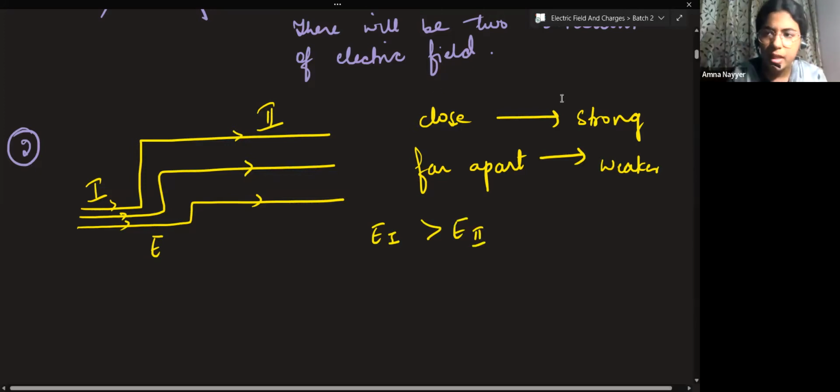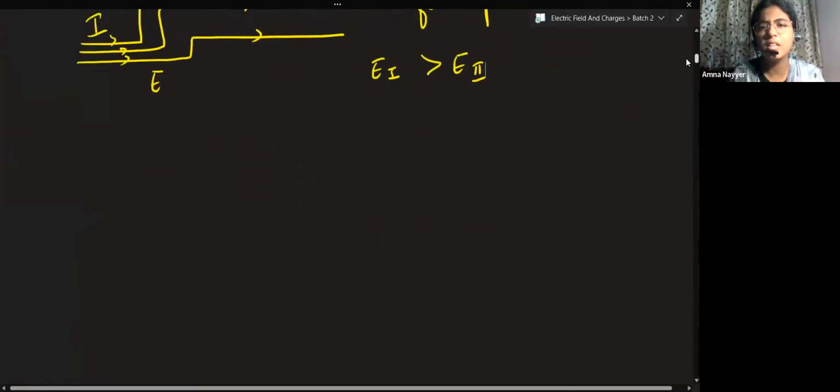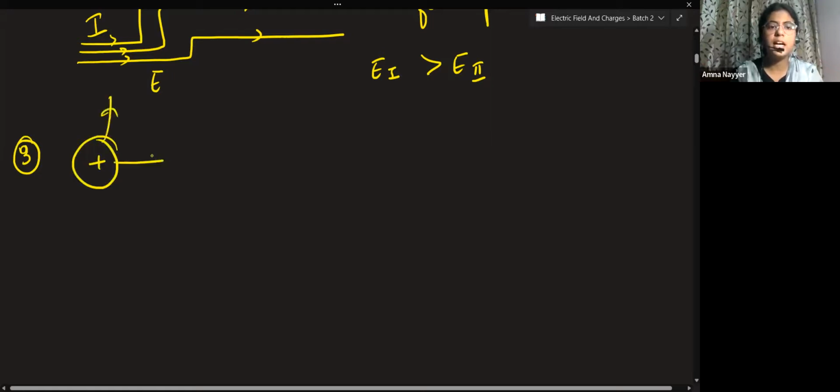All right. Now the next property that we have studied a lot of times in flux only. Many of the properties we have studied. This is the third one. So electric field lines for positive charges are directed away in this manner.